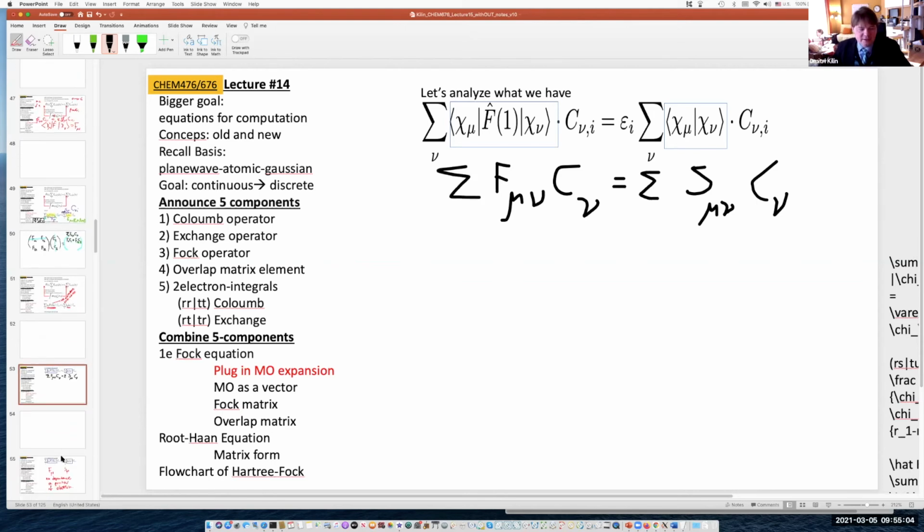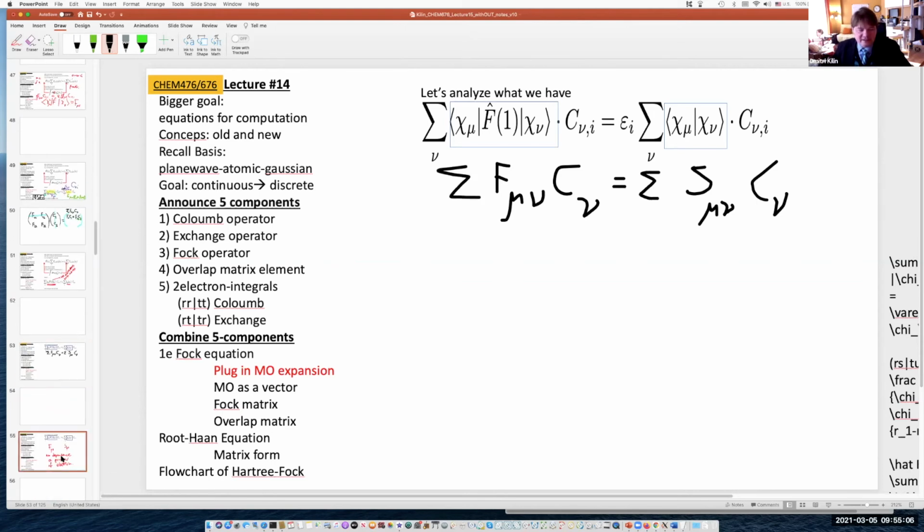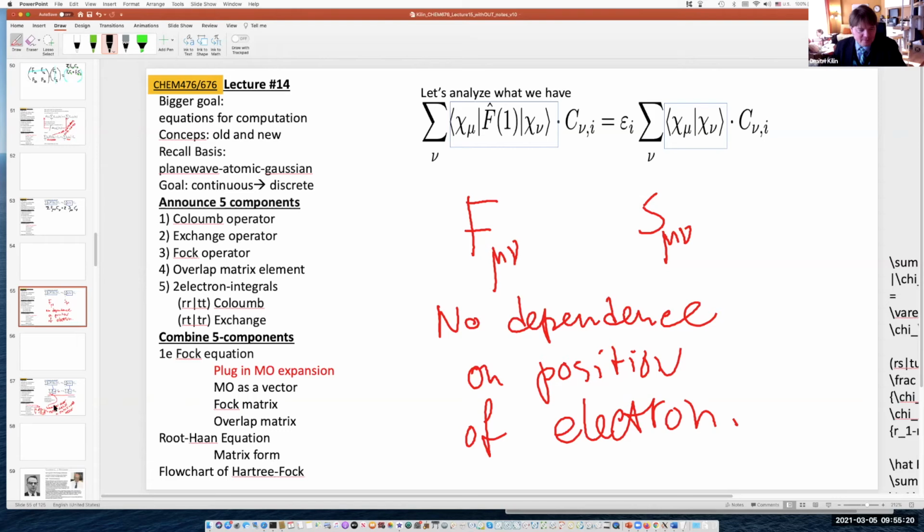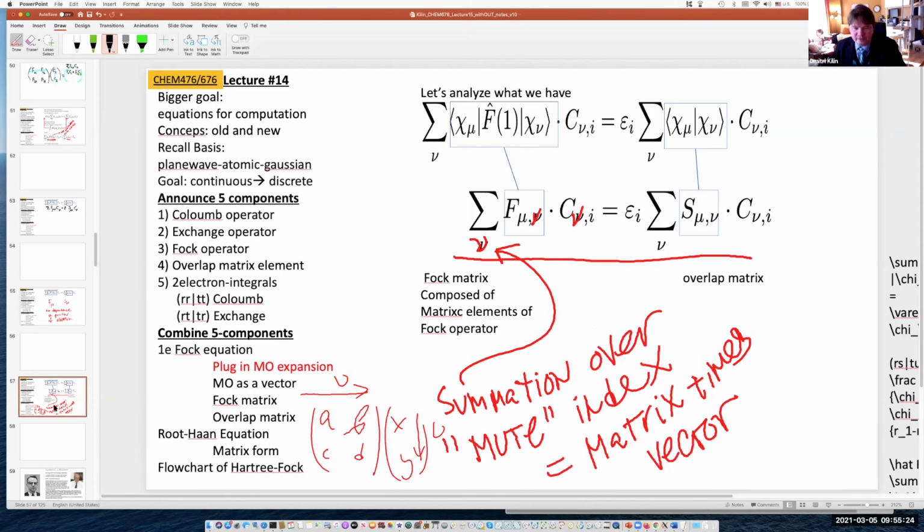And you see that the names for these objects are Fock matrix, because it is the matrix of matrix elements of the Fock operator, and overlap matrix. And here is the shape. So Hartree and Fock were not thinking this way because at their time there were no computers.